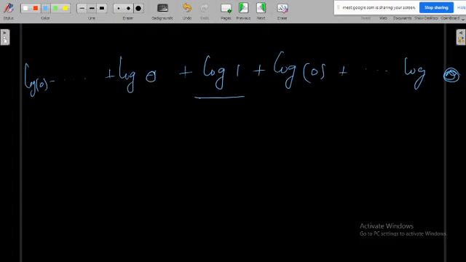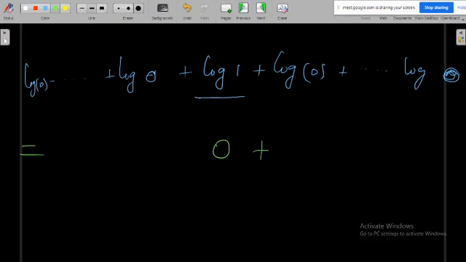Now what is the final answer? What is the value of log 1? Zero. What is the value of log 0? Is log defined for 0?